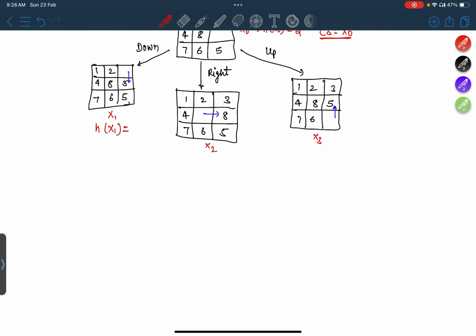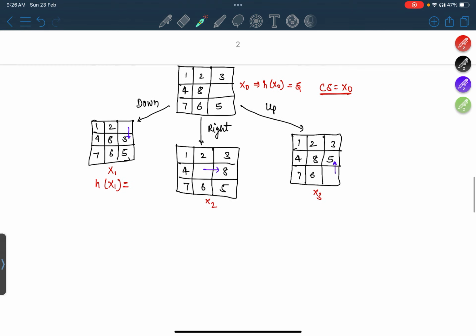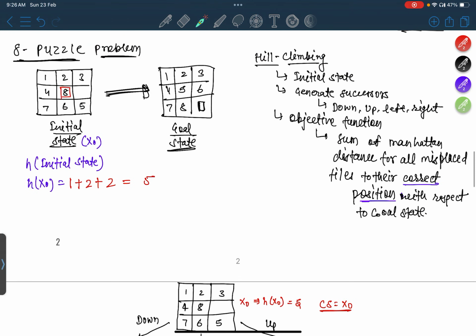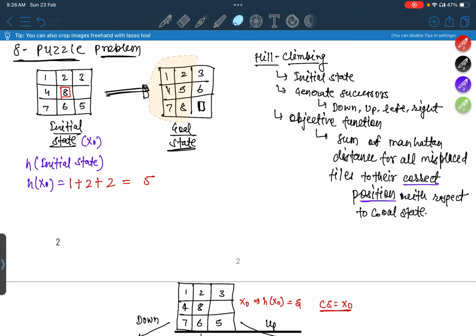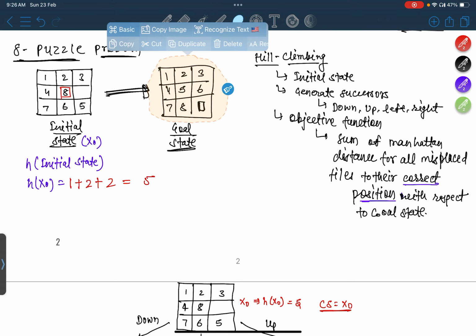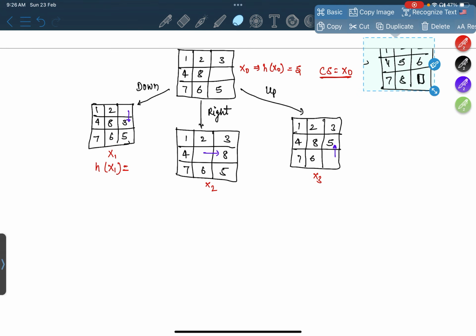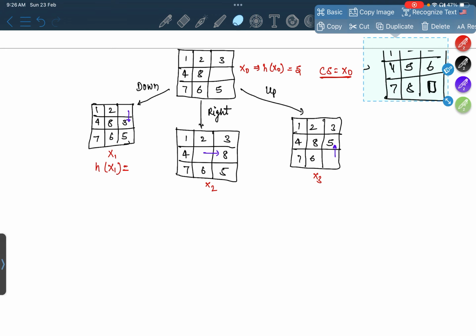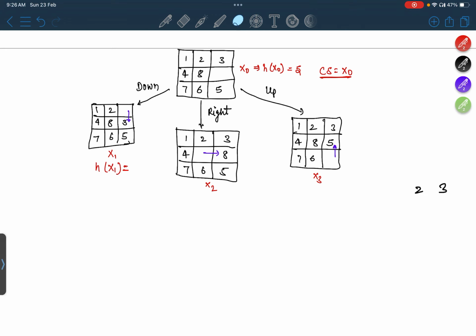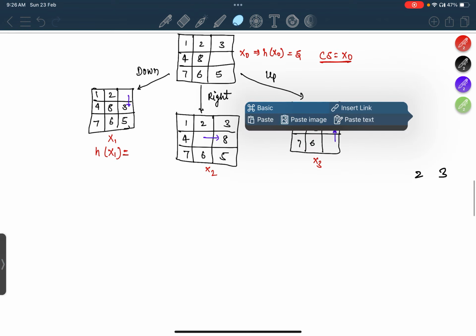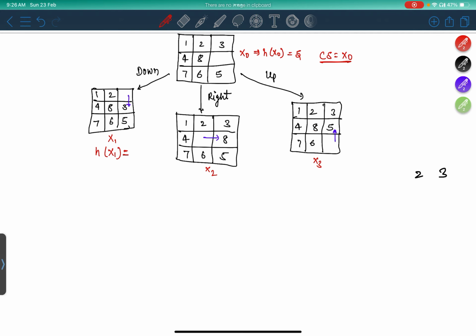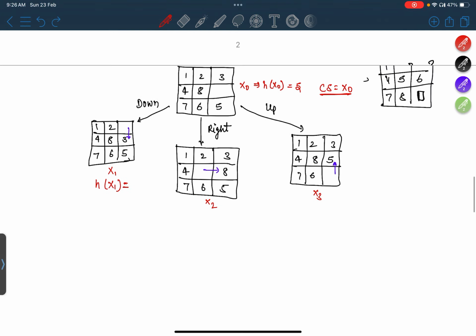h of x1 will be how many tiles are how far from their goal position, right. What was our goal position? Let's copy it here. Okay, 1 2 3.